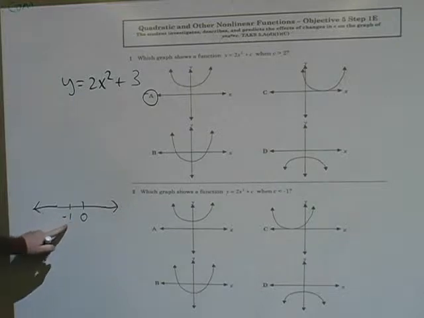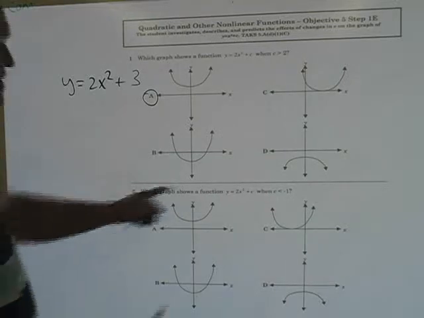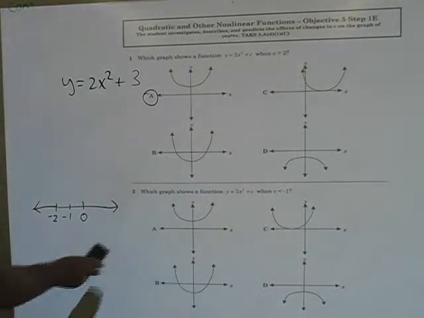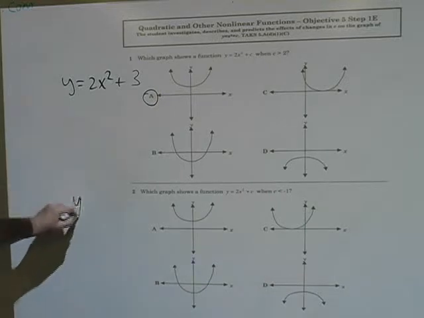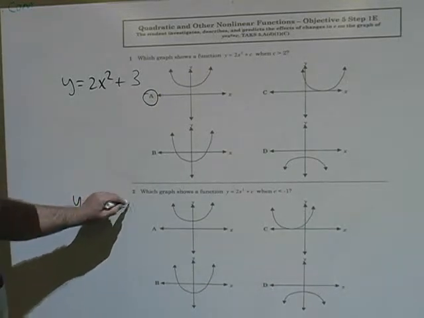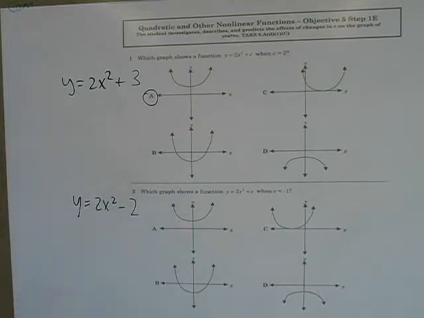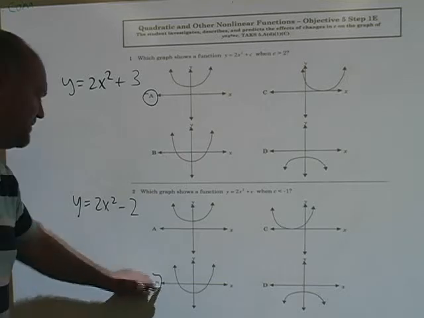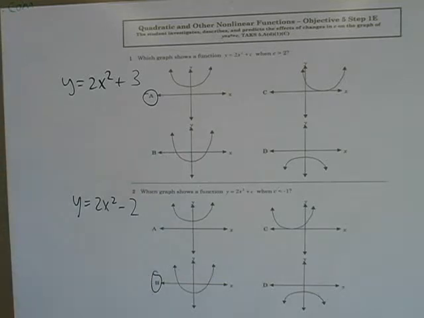Less than -1 would be out here, which would be -2. So let's use -2 for C. And you're going to get a graph that looks like B.